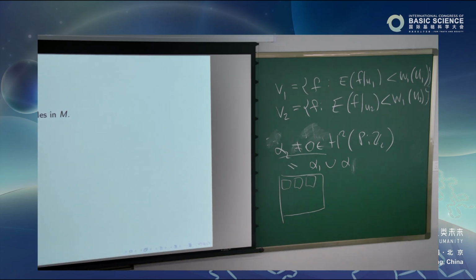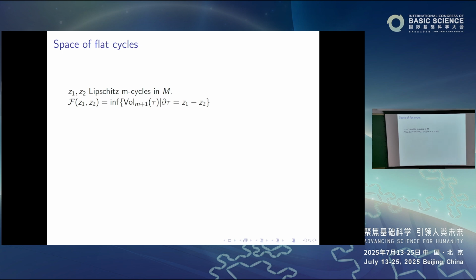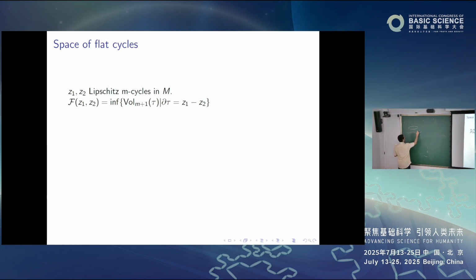And so let me quickly say what these are. You're just looking at cycles in the same way as in the definition of singular homology, except that you ask the maps to be Lipschitz, and you can define a notion of distance, well, a pseudo-distance between them.